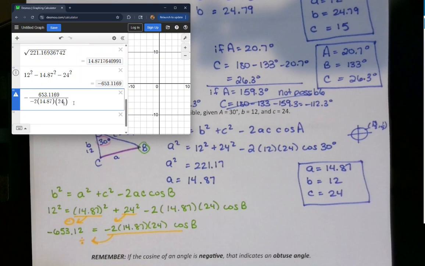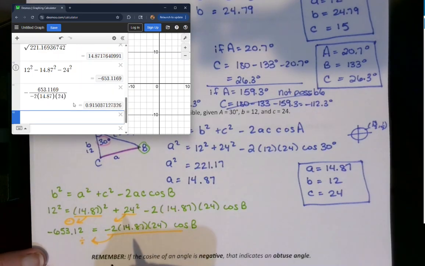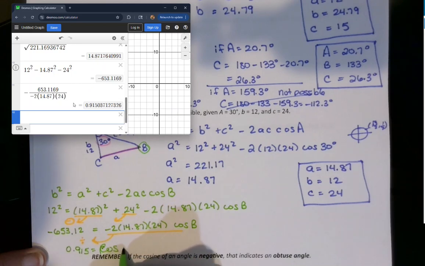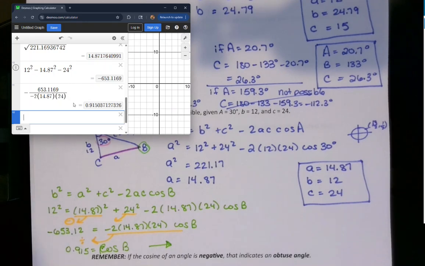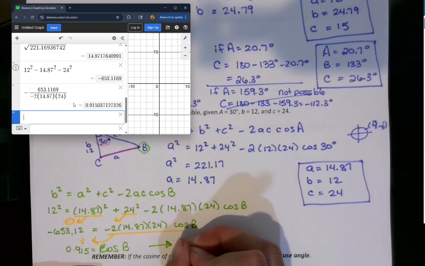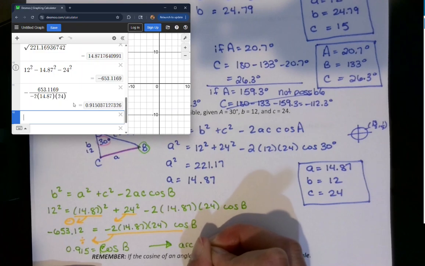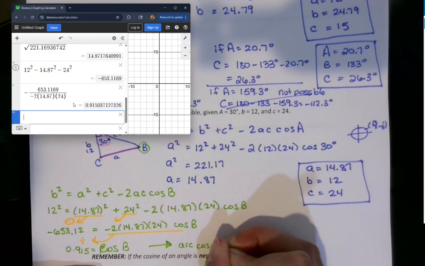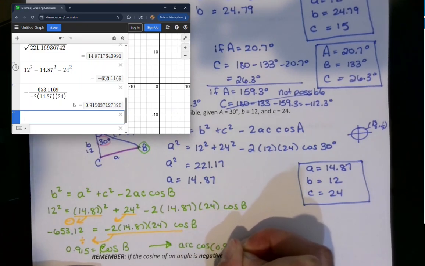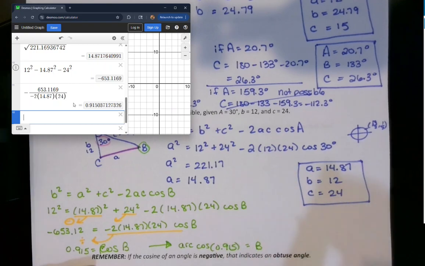Got an underscore here. Okay, so this comes out as 0.915. But that's not B, that's for the cosine of B. So I'm going to need the inverse cosine function of both sides. We'll take the arc cosine of 0.915 to give us that angle B.